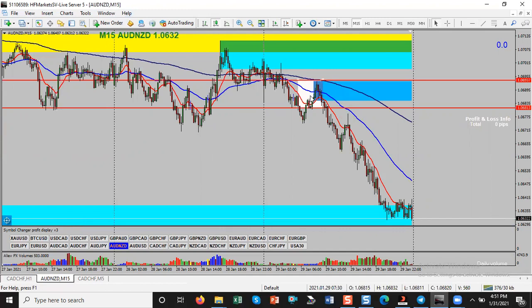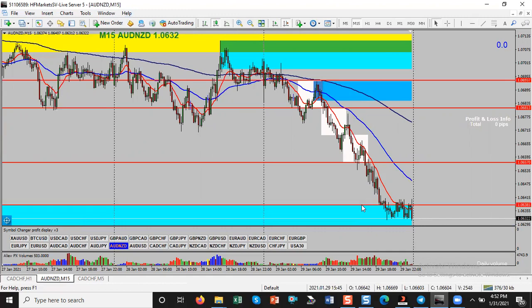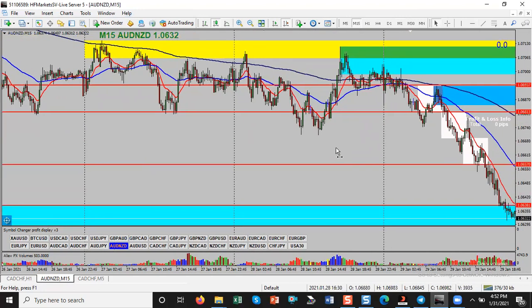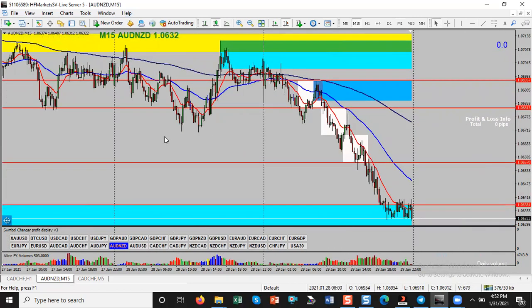So looking at your first take profit 1 to 2, which will be here. The final take profit is a demand zone below, and that is it. So that is the strategy.